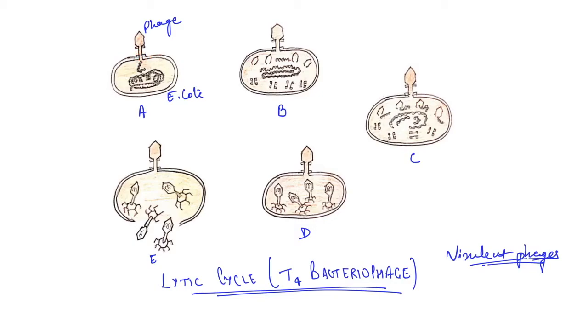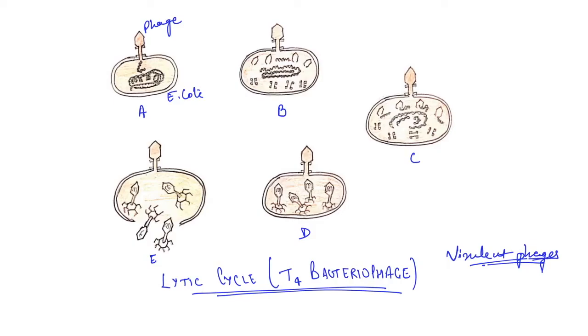E. coli cell, and the fiber bends and brings the tip of the tail in contact with the host cell wall. So this is the cell wall and the tail is in contact with it, and then the tip of the tail produces a hole in the bacterial cell. That is done by means of the enzyme lysozyme.